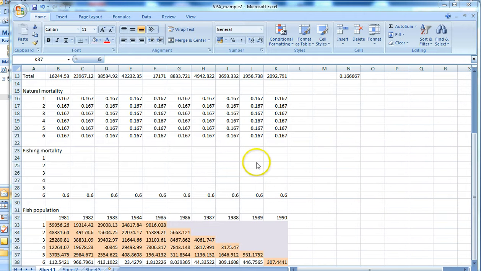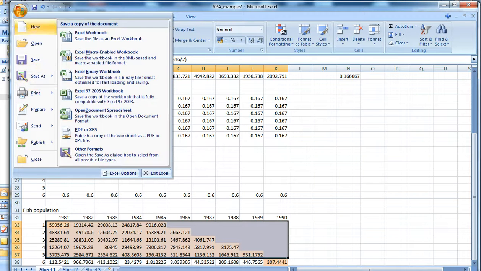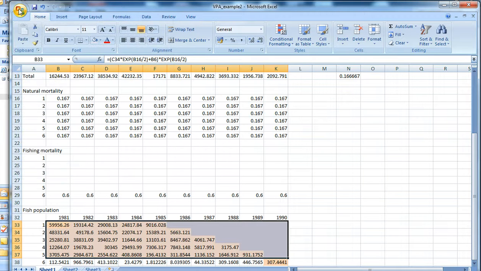Okay, so let's work out fishing mortality here. Well, we've got a problem here that we can't do it for the same cells that we can't do it for in here. So I can't remember in Excel if you can copy the colours. So control copy.